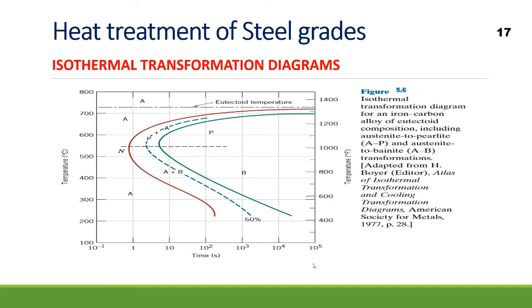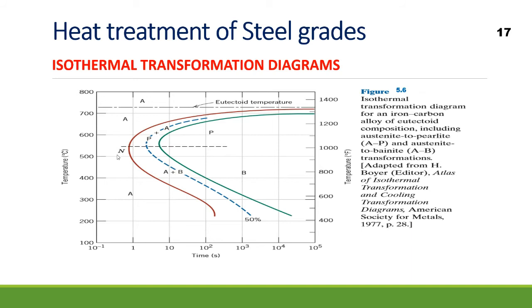So let's see how this will look on the isothermal transformation diagram when we put the bainite on it. Here one thing I want to mention is that there is something called the nose of the TTT transformation.